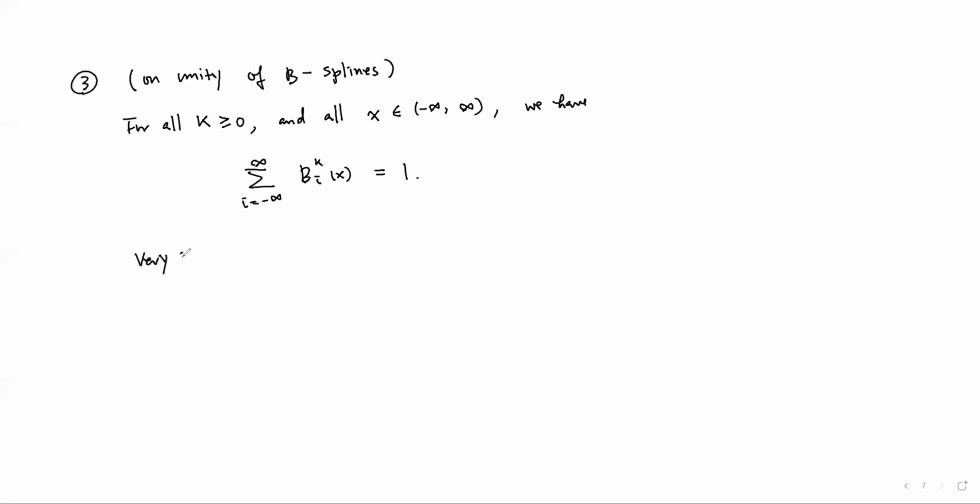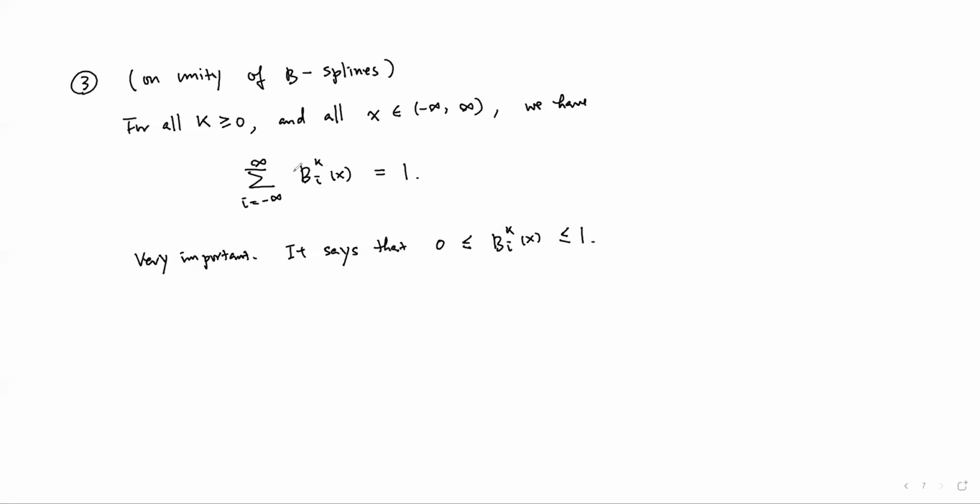Why do I say that this property is very important? This property essentially says that for any x, the value of B_i,k is always non-negative and less than or equal to 1.